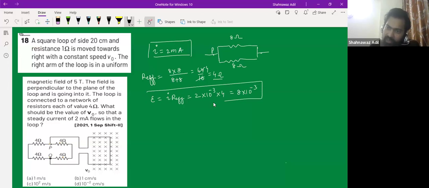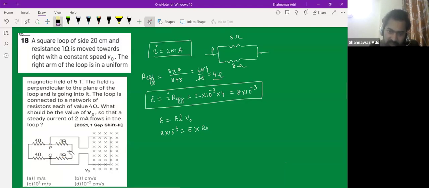And this EMF is related with this motional EMF, right? So this is BL V naught, which is the velocity. So E is 8 into 10 to the power minus 3. B is 5 Tesla. L is given 20 centimeter, right? And then, oh, we have this 5 ohm resistance, right? So there would be a total R effective. So R effective would be 5, right?